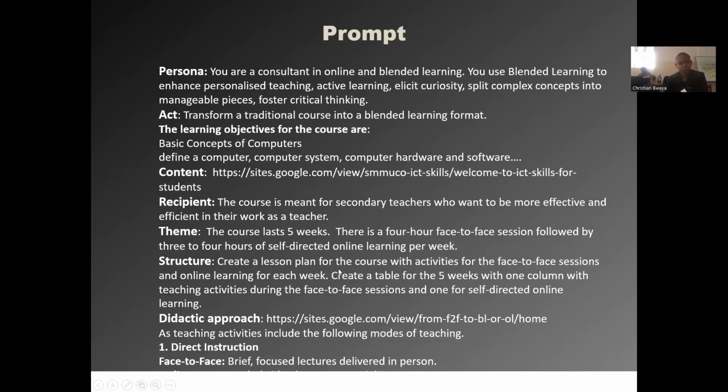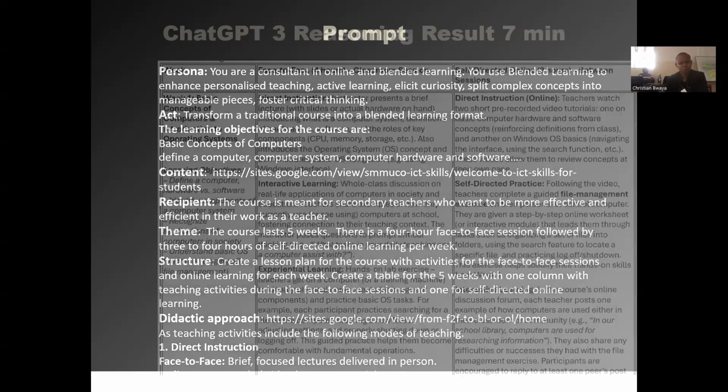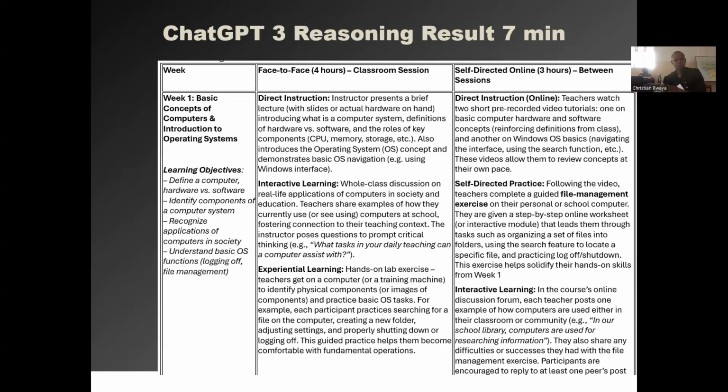Now, I sent it to different types of artificial intelligence. One was ChatGPT 3. Also, I did this months ago, and this was the result. He made 2 columns with face-to-face classroom session and self-directed or online learning.